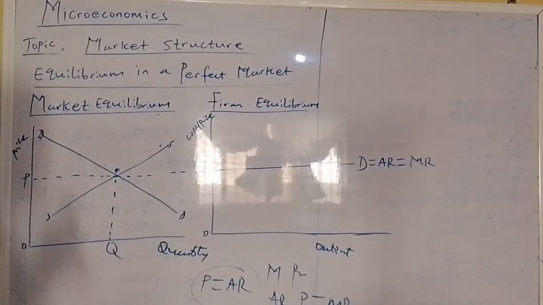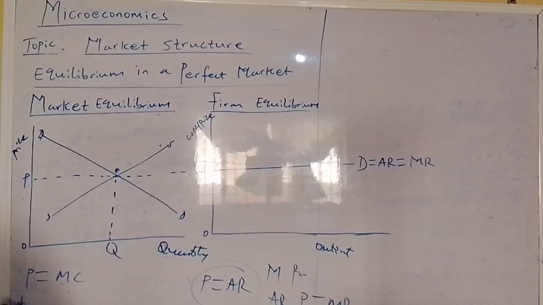Now, I want to determine the equilibrium of this firm. So a firm in perfect competition is in equilibrium when P, that is the price, is equal to marginal cost. When the price is equal to marginal cost.